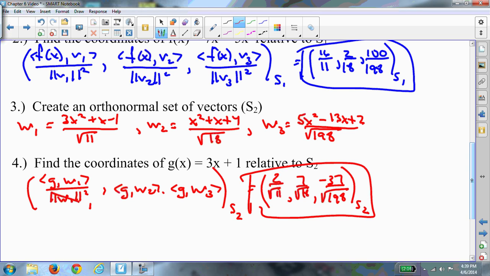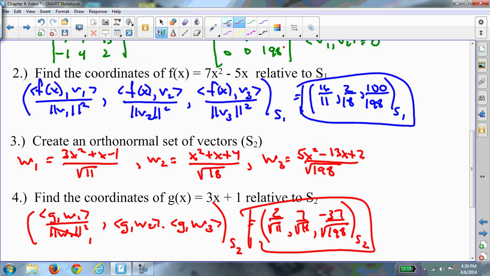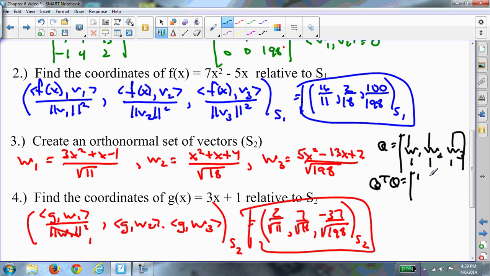Oh, by the way, I forgot to mention. Up here, if I were to define a matrix Q equal to this, with W1, W2, and W3 as column vectors, and I did Q transpose Q here, this would actually equal the identity matrix: 1, 0, 0, 0, 1, 0, 0, 0, 1.